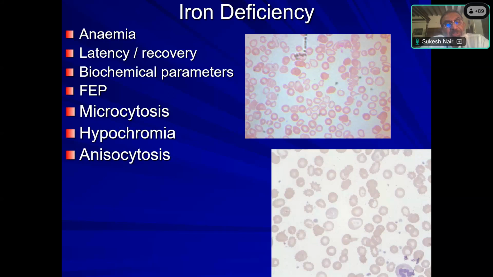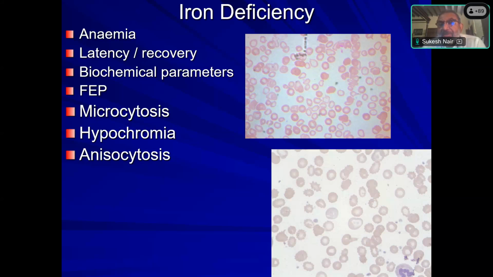So you must realize that is what we are being taught. Now, if you look at these two pictures, what is more obvious? Is it size or is it color? Is hypochromia more obvious, or is it the size of the red cell?